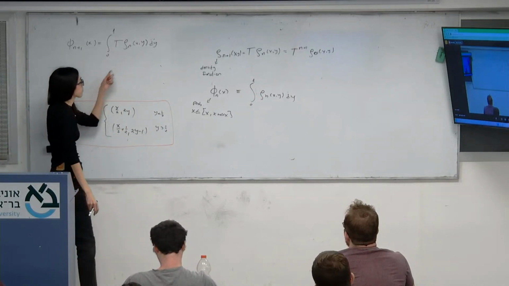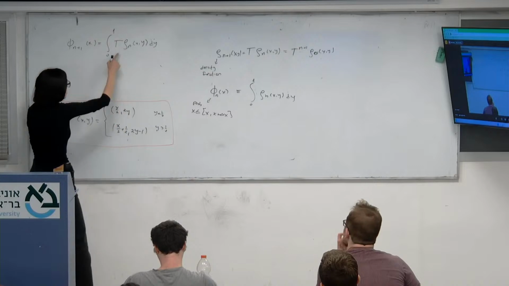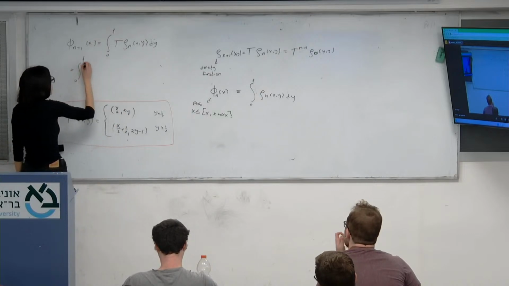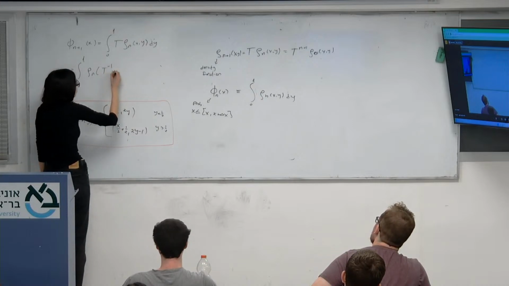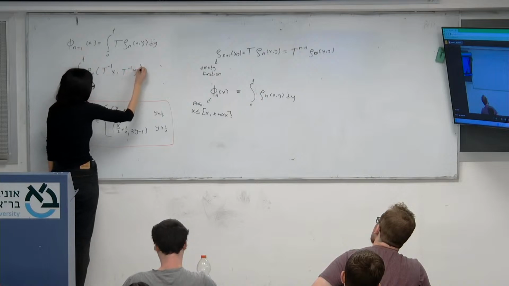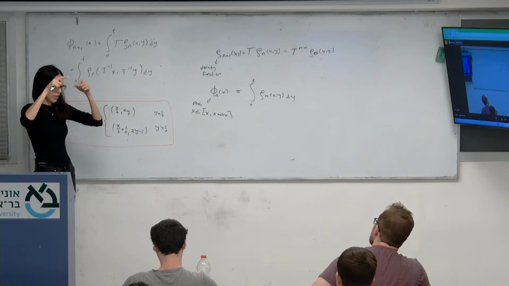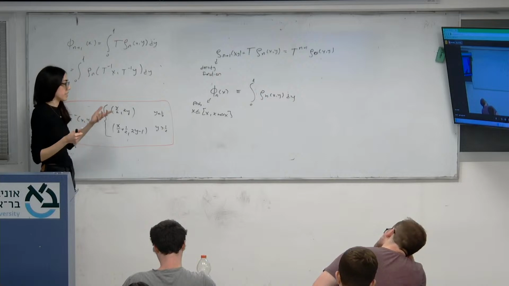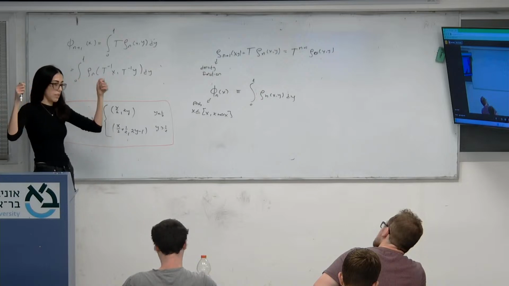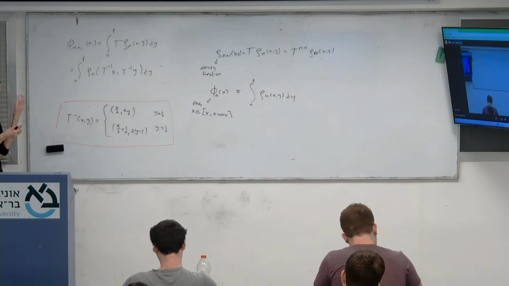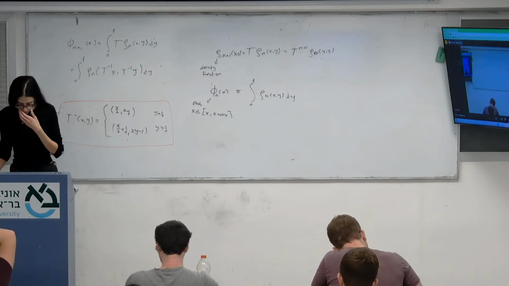So instead of applying the transformation on rho, this is equivalent to applying the inverse transformation T minus 1 on x and y. Because if I have the smiley face in the square that I did before, I can either stretch the smiley face or just shrink the axis itself. So this is like a relativity thing. So instead of applying the transformation, I apply the inverse on the coordinates themselves.